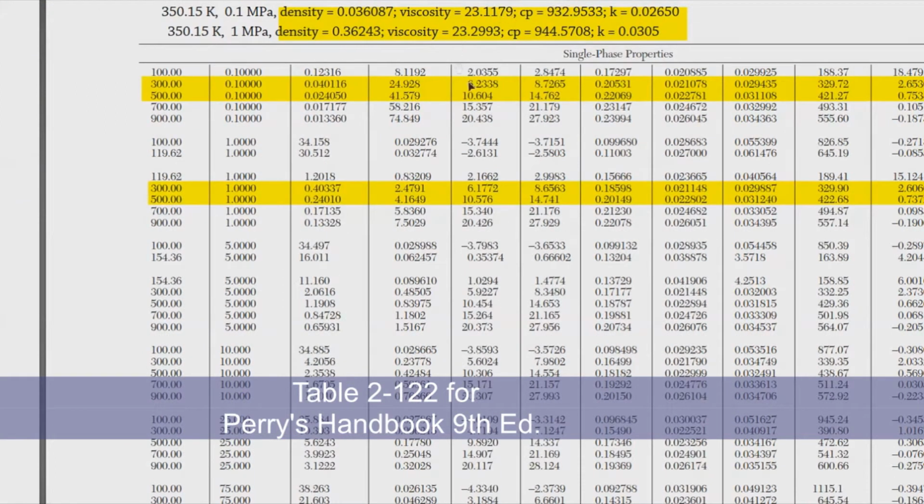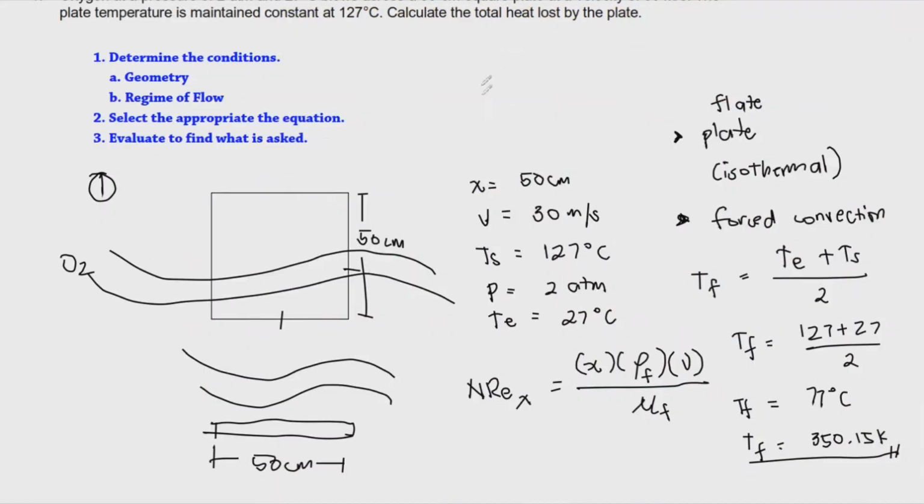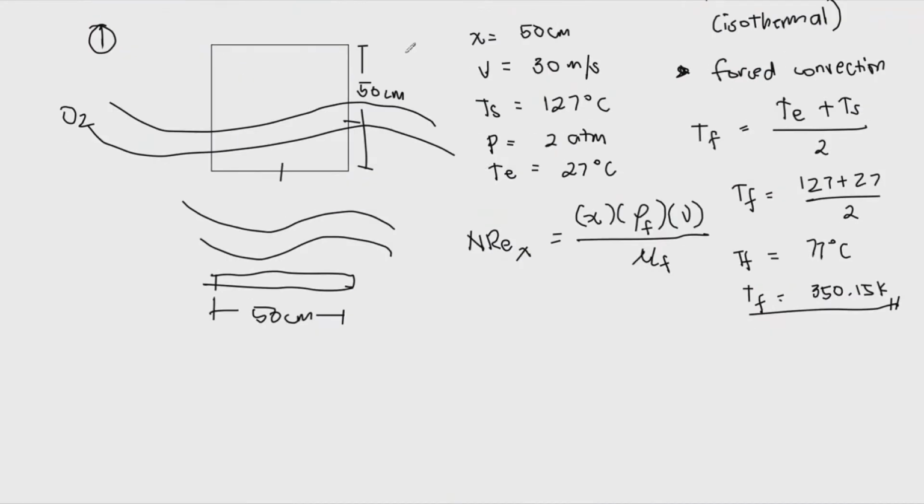These answers are in the same unit as these data here. After that, you need to convert them into the MKS unit, SI, so it'll be easier for us to solve it. After that, what we'll be getting are the values of our film. So we need the density at the film.